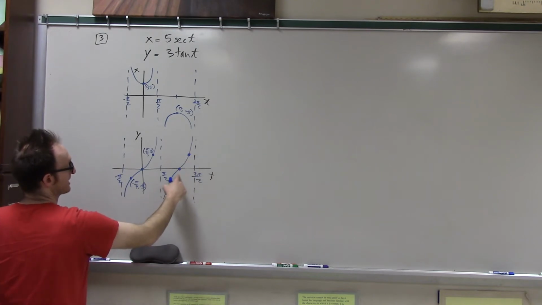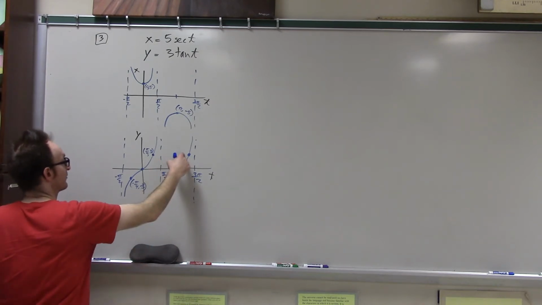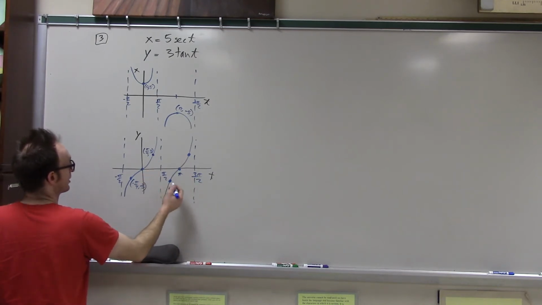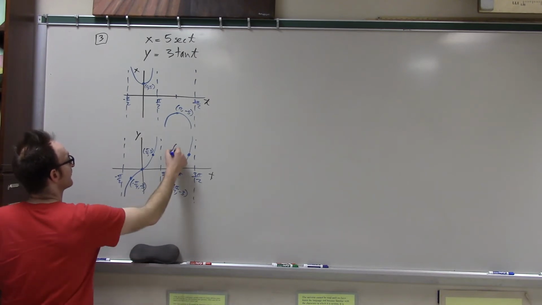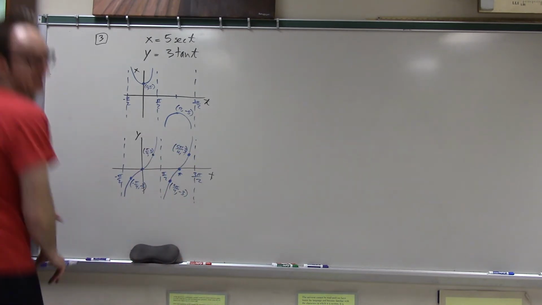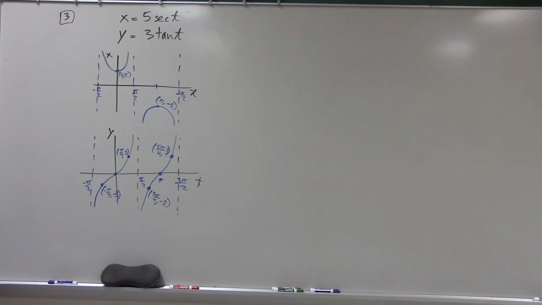That's like pi, so that's 5 pi over 4, and this is 3 pi over 4. So 3 pi over 4, negative 3, and 5 pi over 4, 3. Alright, so that's just like basic pre-calc, knowing what the secant and tan functions look like.